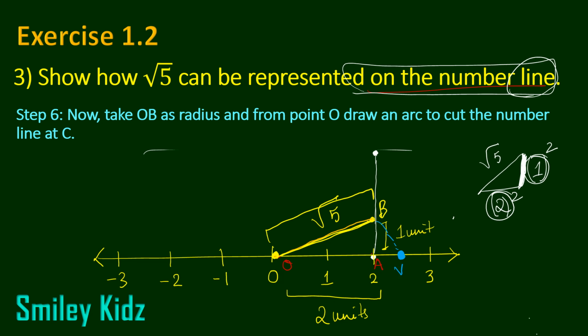This is your root 5. It's very simple. You just need to take the measurement of O and B with a compass, keep the point at O and draw an arc intersecting the number line like this. Right. Now here the root 5 is on the number line, that is between 2 and 3.